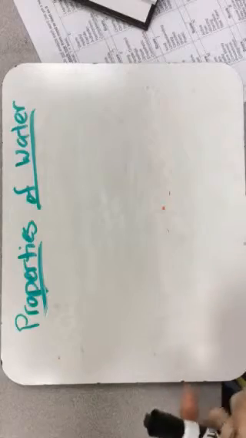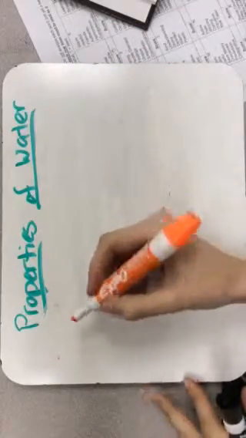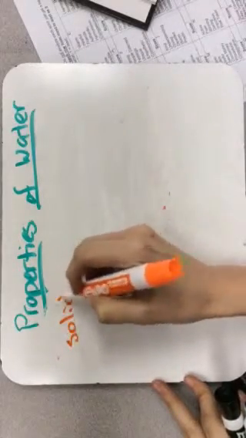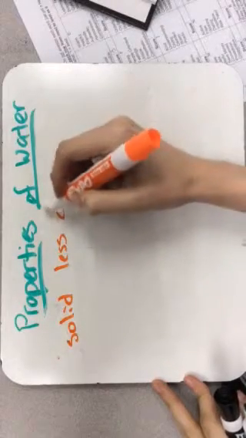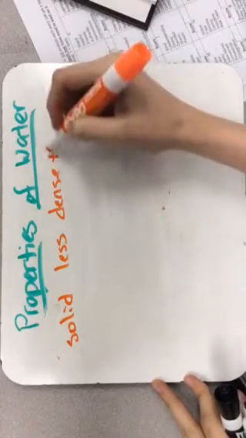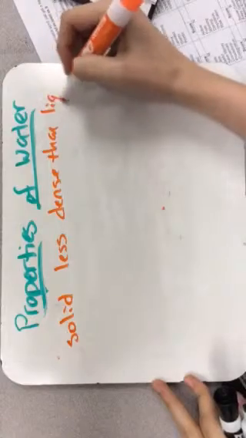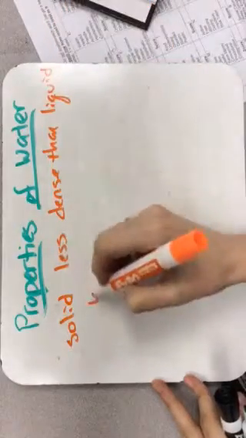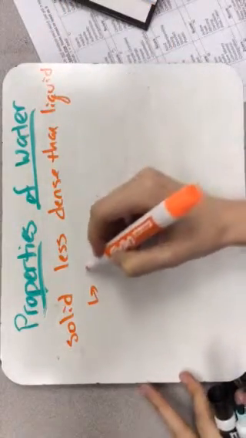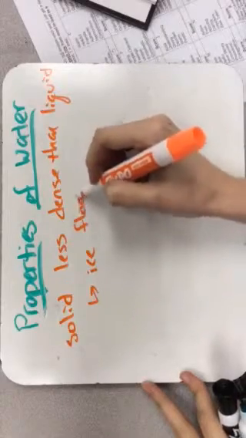Also, this is something that is unique to water, and that is the solid is less dense than liquid. And this is true because you have seen it, you have witnessed it. Ice floats.